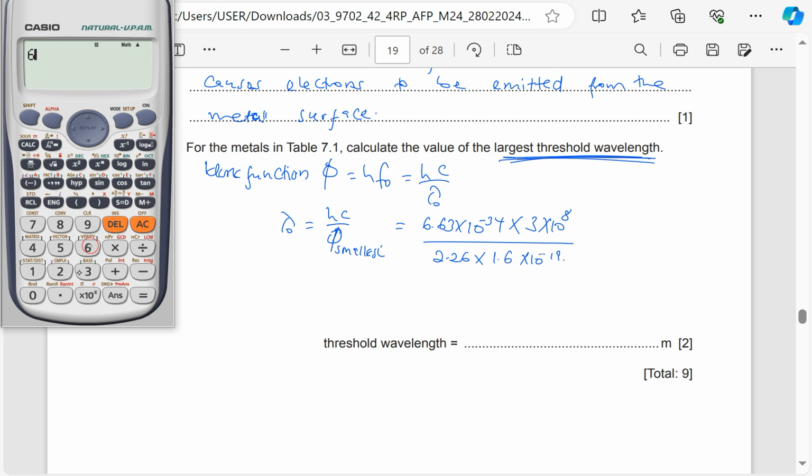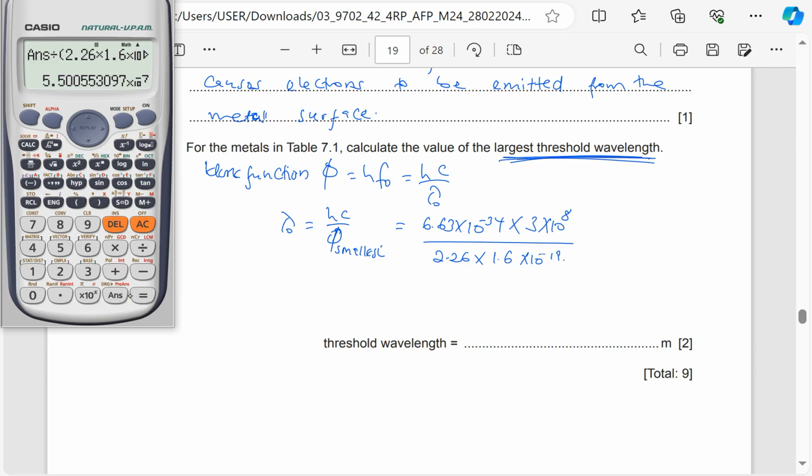So I'll check my calculator. 6.63 exponent minus 34 times 3 exponent 8, divided by 2.26 times 1.6 exponent minus 19.